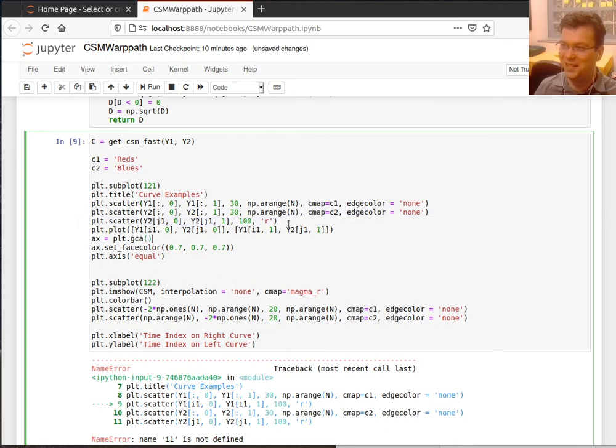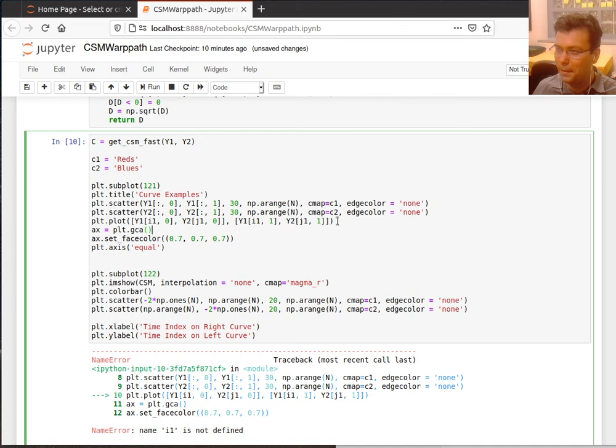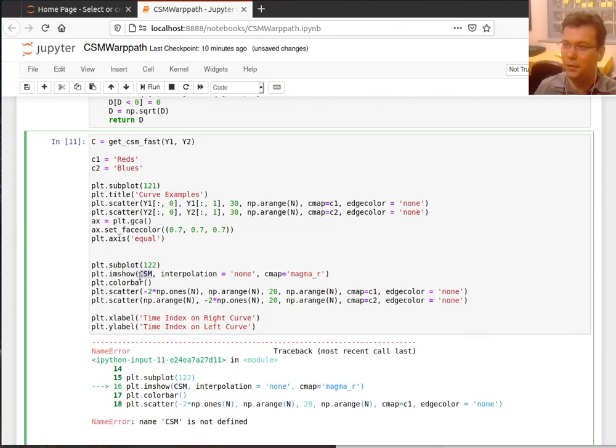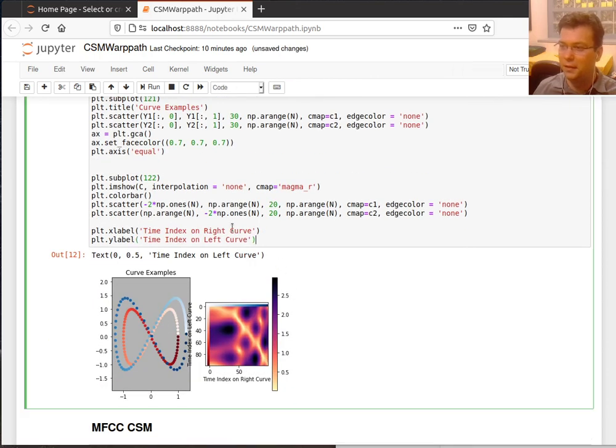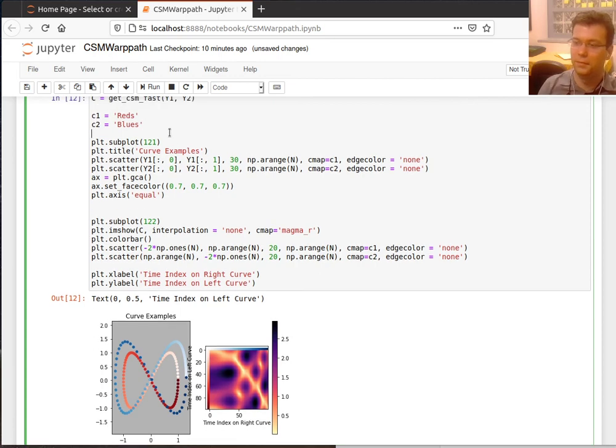Almost there. And I don't need this. Oh, what did I call this? I called this C, not CSM. All right, and let me make this big enough to look at here.